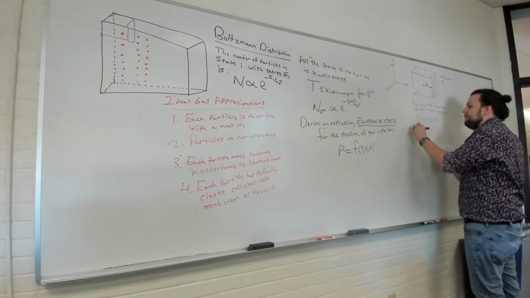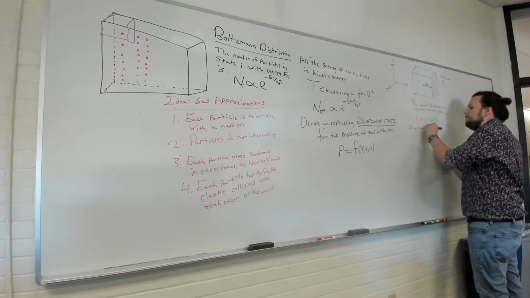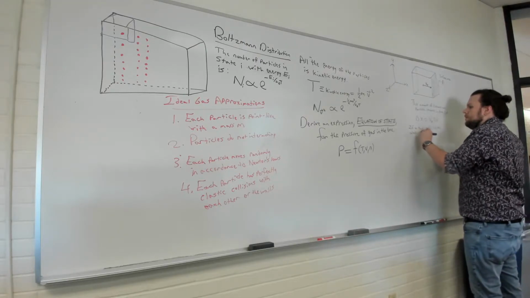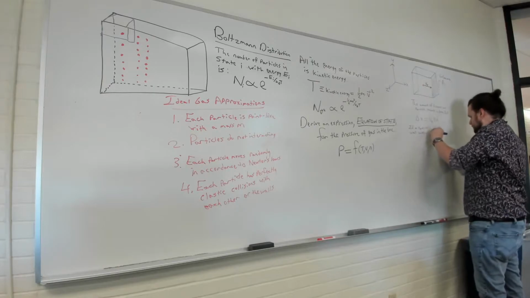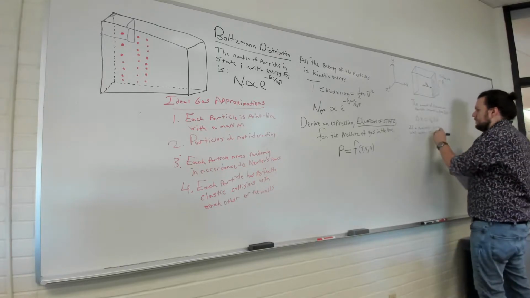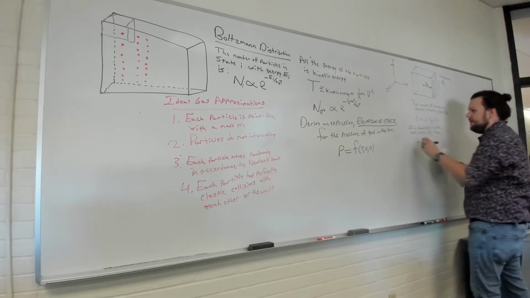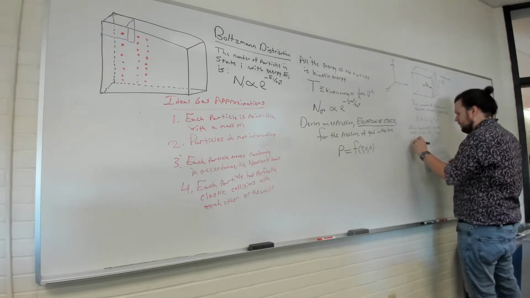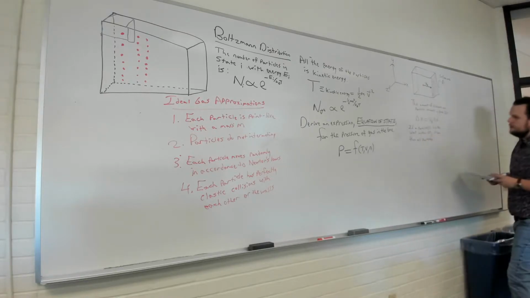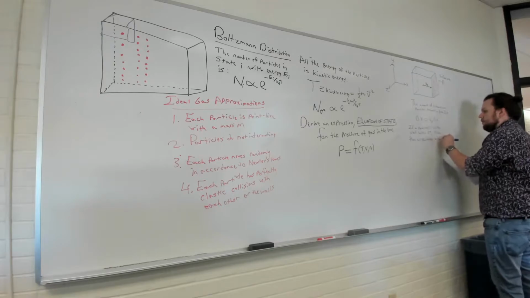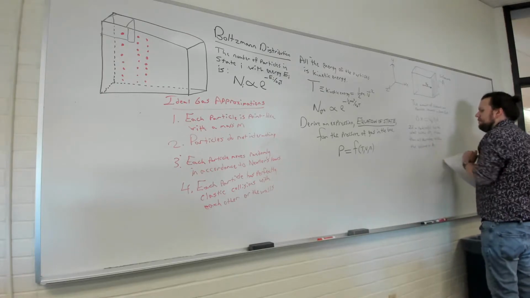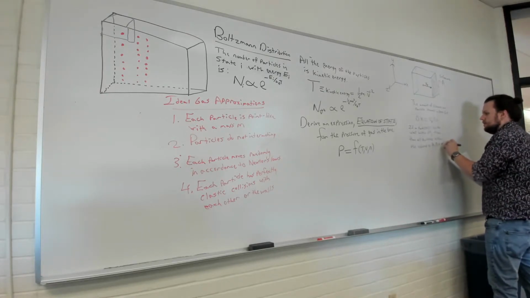So if a particle or particles hit the wall within delta t, then all particles within the region, the volume, which is A times delta x, right?